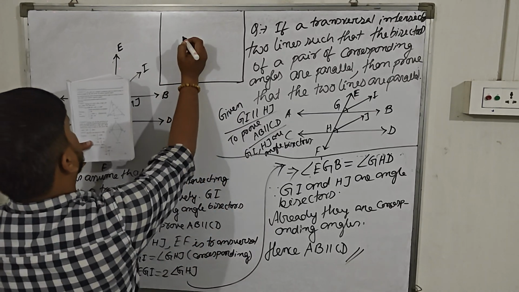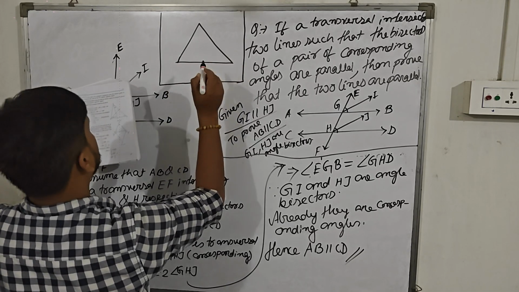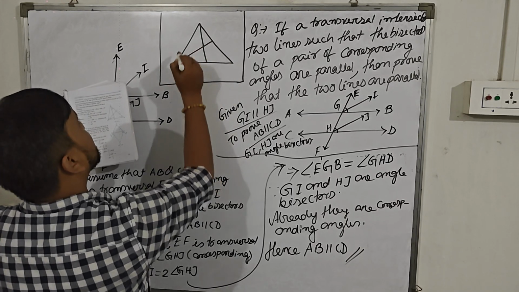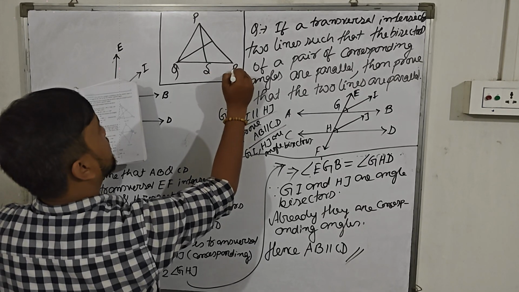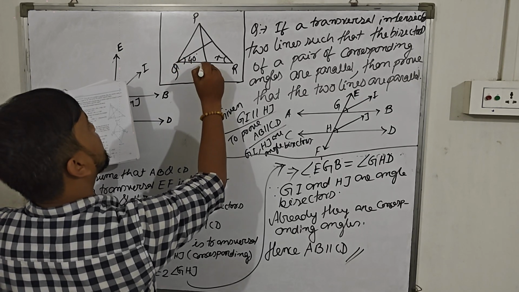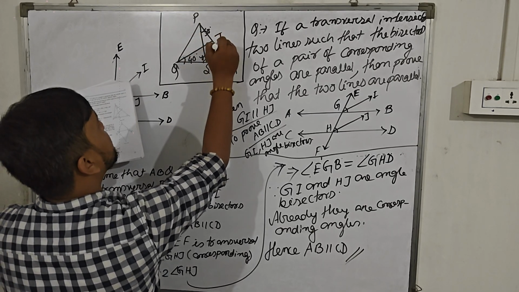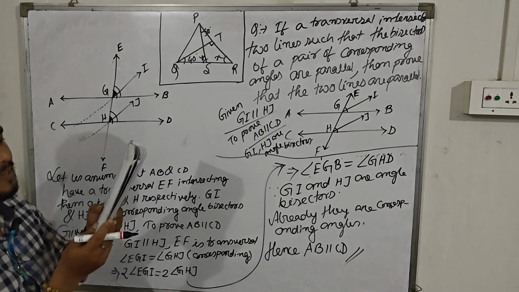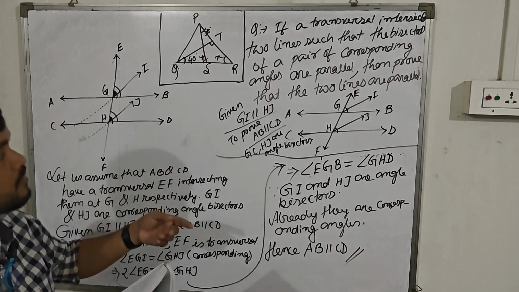There is a triangle like this, with lines given. This is P, Q, S, this is X, this is 40 degree, this is Y, this is 30 degree, this is T. You have to find the value of X and value of Y from this diagram.